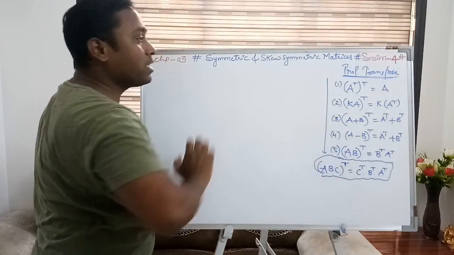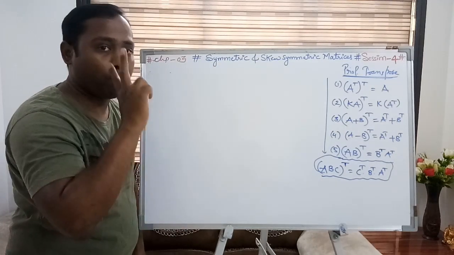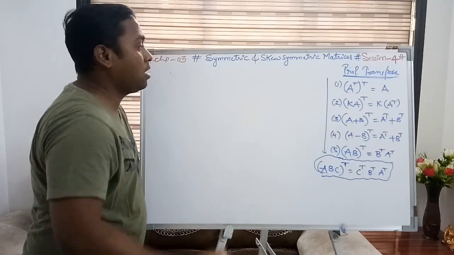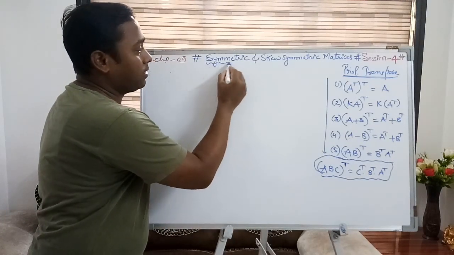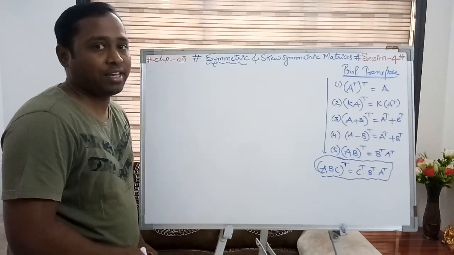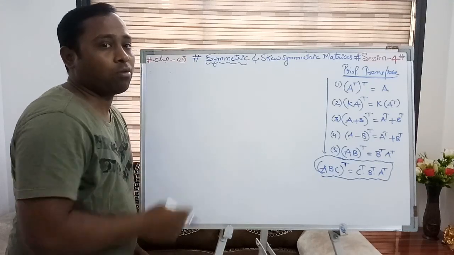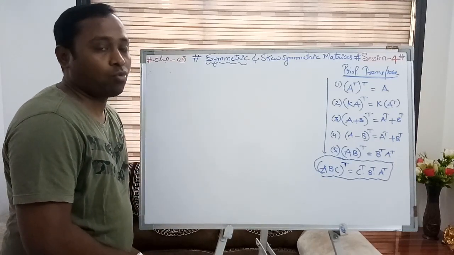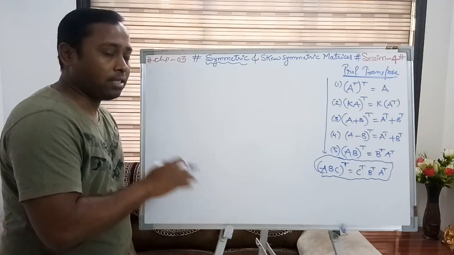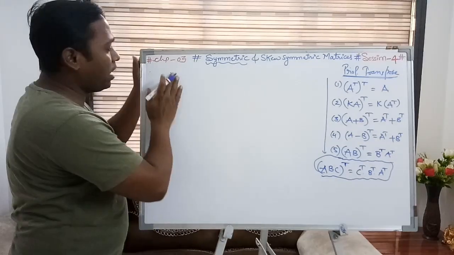With the help of this definition and the properties, we are going to discuss 2 major types of matrices. The first one is symmetric. What is meant by symmetric? Geometrically, in symmetry, the two sides are identical through a line of symmetry. In a similar manner, in matrices also, this property holds true. And what is that?